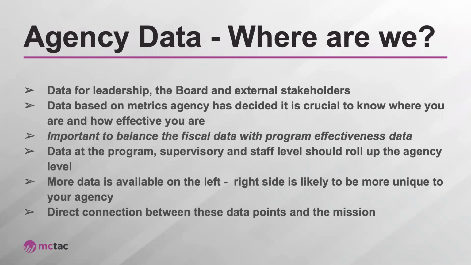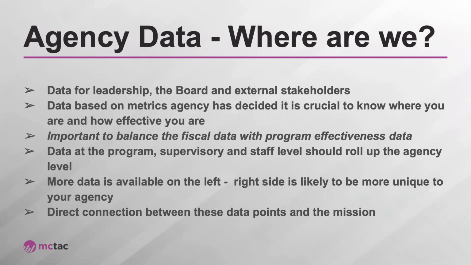And it's really important to balance the fiscal data, which is often the data that's most available, with the program effectiveness data to achieve a more balanced approach to data within the agency and the ability to manage the agency across all the programs.